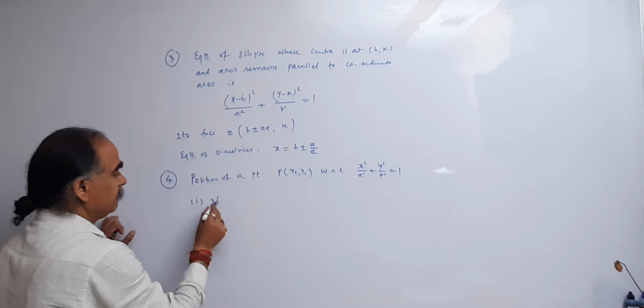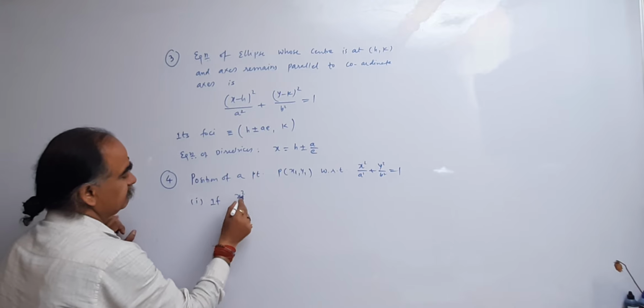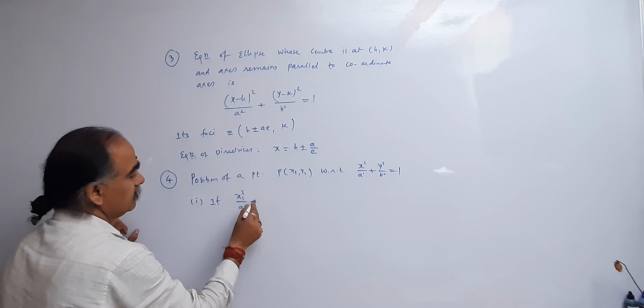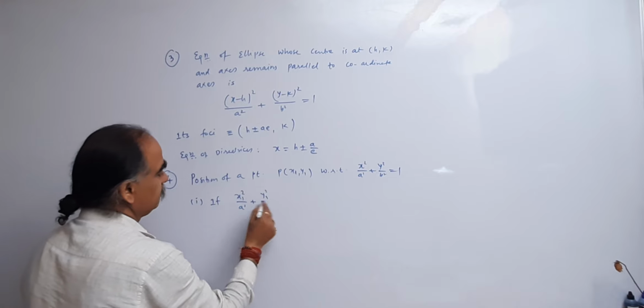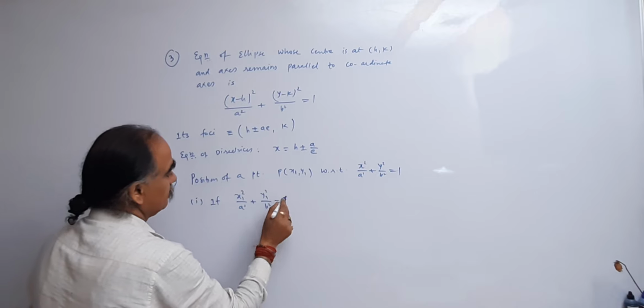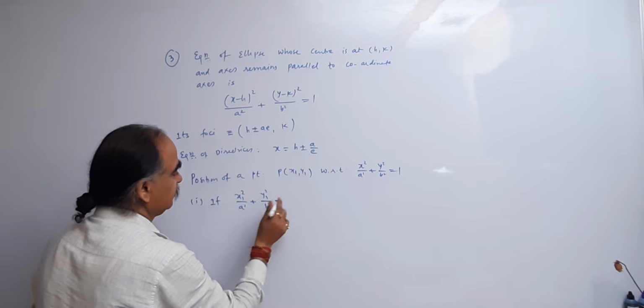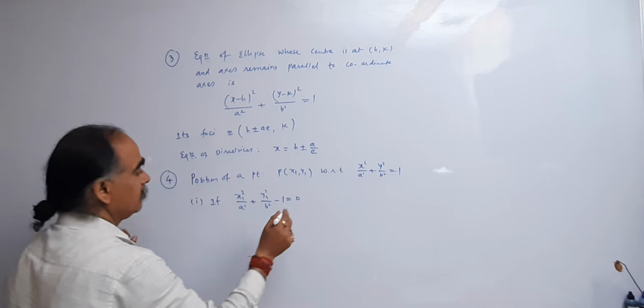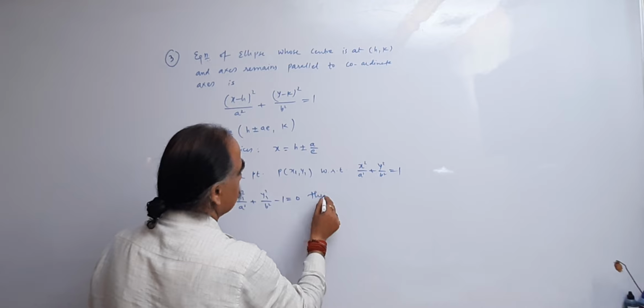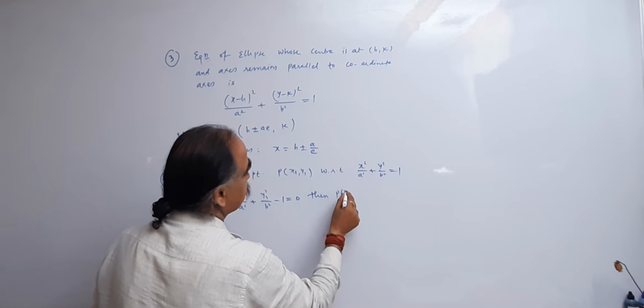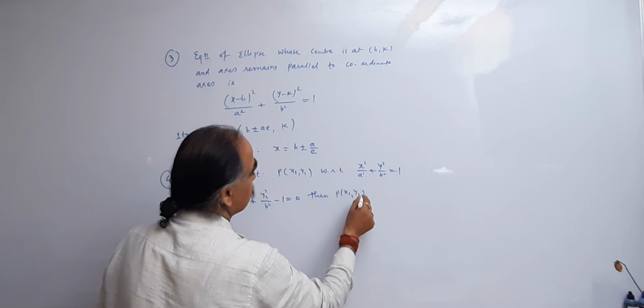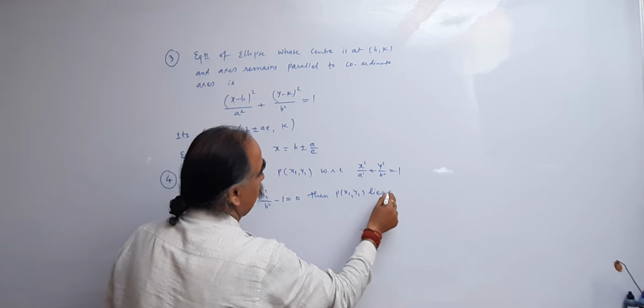If x1 square upon a square plus y1 square upon b square minus 1 is equal to 0, then P(x1, y1) lies on the ellipse.